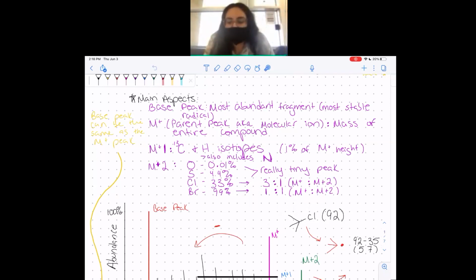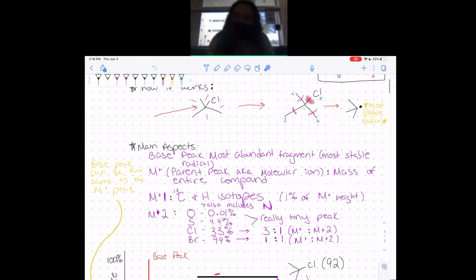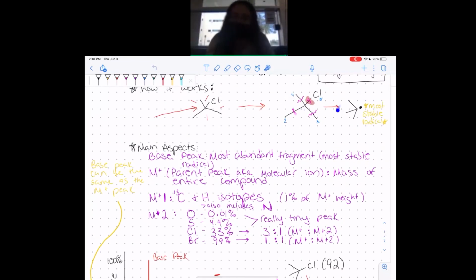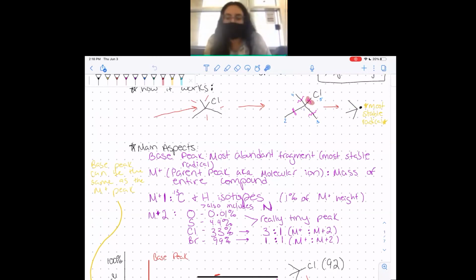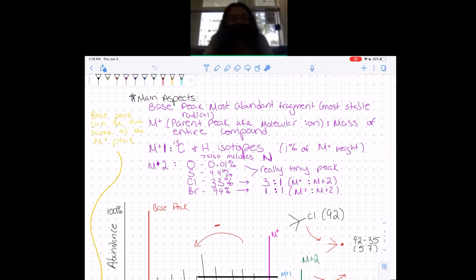So in this case, if we were to use that same example that we just did, this would be what is demonstrated by the base peak. And the base peak is going to be the tallest peak in the whole spectrum, and it will be very close to 100% abundance.